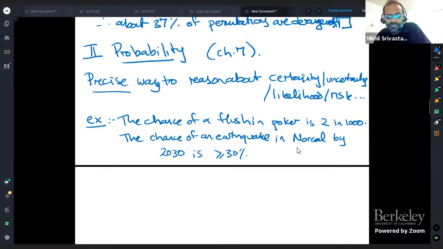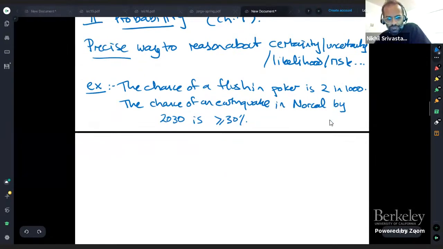That is some statement about certainty or uncertainty of something happening. But it's not so clear what the second statement means. In both cases, there's a notion of chance, but these notions seem to mean different things in the two cases.